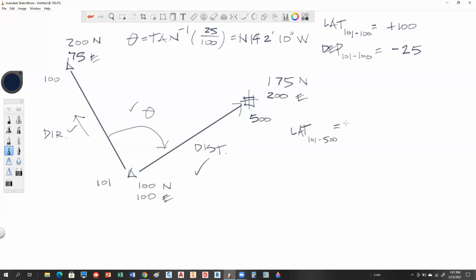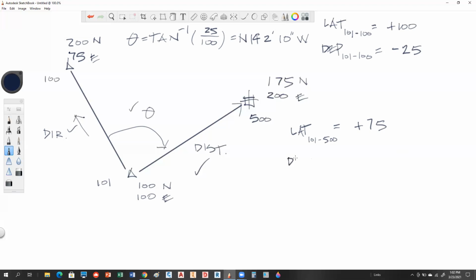Yeah. So that would be the northing of 500, 175, minus the northing of 101, which is 100. That gives me a plus 75, which tells me I'm looking north.